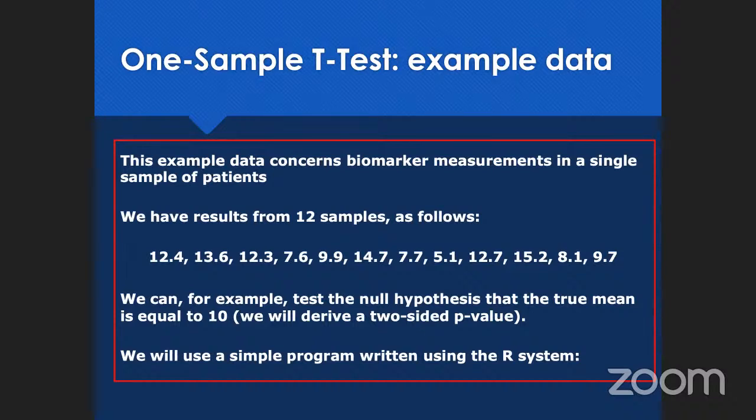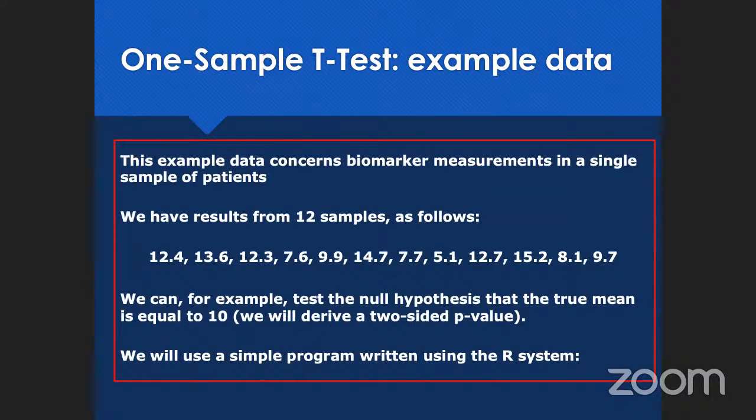An example of a one-sample t-test is biomarkers that are measured in a single sample of patients, where we have results, for example, of 12 samples as follows. Therefore, we can test the null hypothesis that the true mean is equal to 10, using a two-sided p-value as an example.